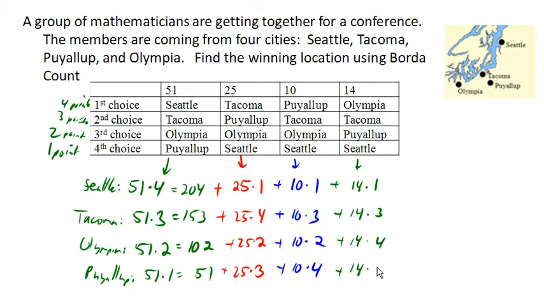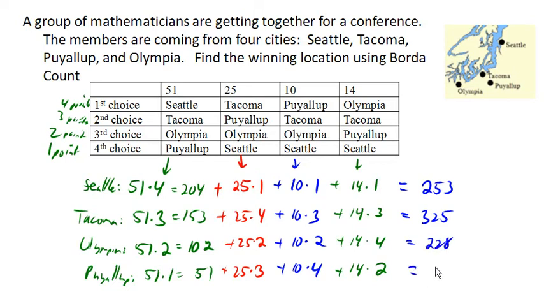to Puyallup. So now we can go ahead and add those up, and we end up with Seattle earning 253 points, Tacoma earns 325 points, Olympia earns 228 points, and Puyallup earns 194 points.